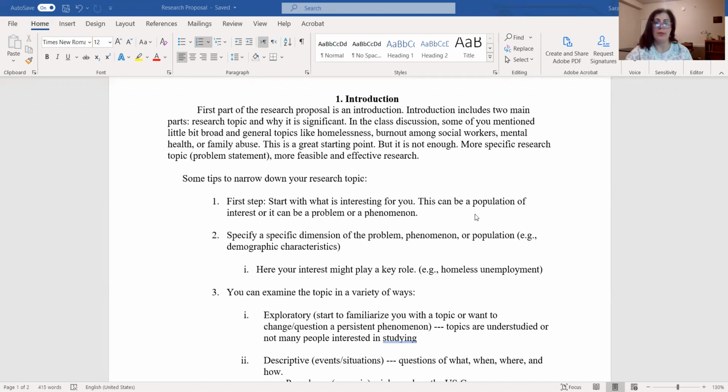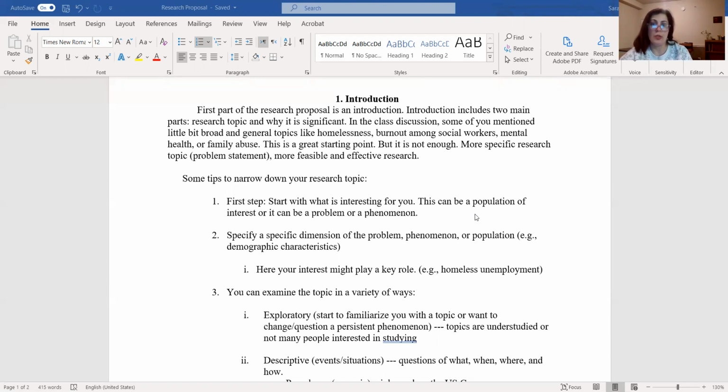Before I go through the tips, why is it important to have a more specific research topic? Because this makes your research more feasible, more doable, and more effective. Also, you can have a better research design for your data collection, your sampling, and other steps of the research.